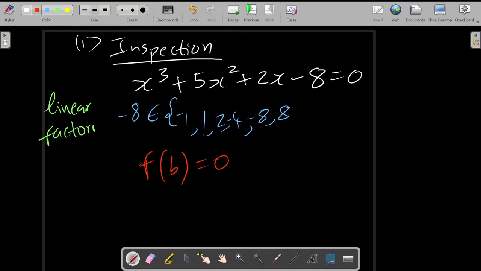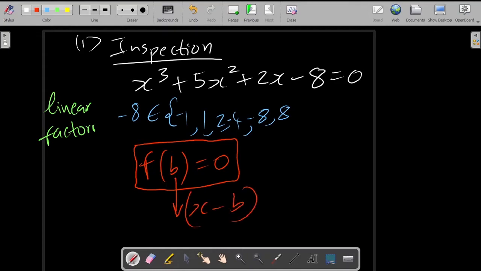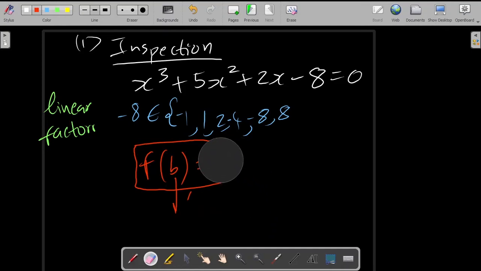And once again, I'll link the video to the factor theorem to this if you haven't watched that. So now if we have a value which gives us a remainder of 0, we basically know that this value b, of this form, is a factor. So that is what we're going to do right now.